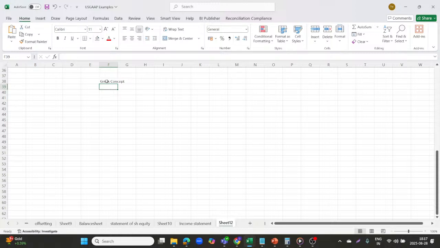And then under your net concept, these are reported as net proceeds minus net book value. So under net concept, you define whatever is your net proceeds minus net book value.